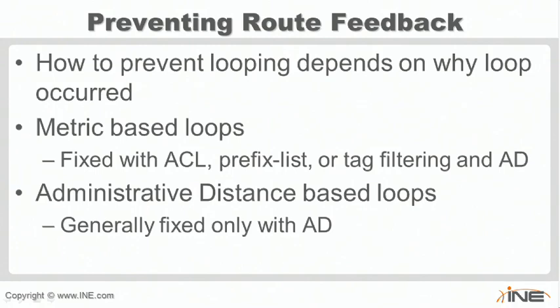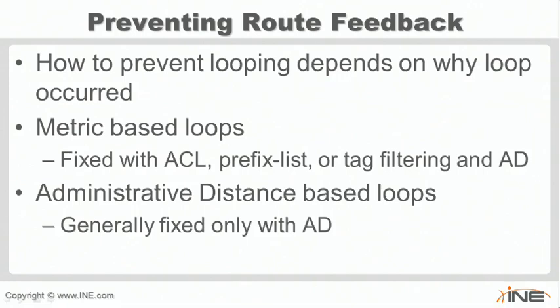But anything that has to do with the administrative distance, basically the only fix that we could have would be to change the administrative distance. Now there are very few minor exceptions to this. We'll show one example here on router 5, but for the vast majority of cases, if the problem is because of administrative distance, you're going to have to change the distance to fix it.